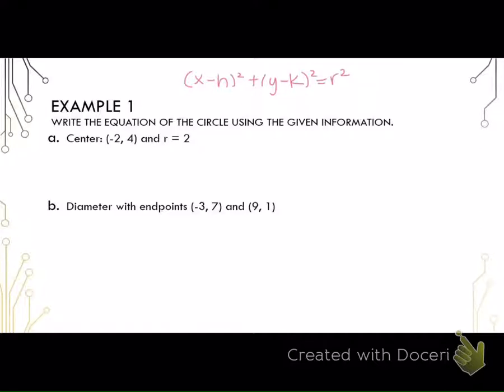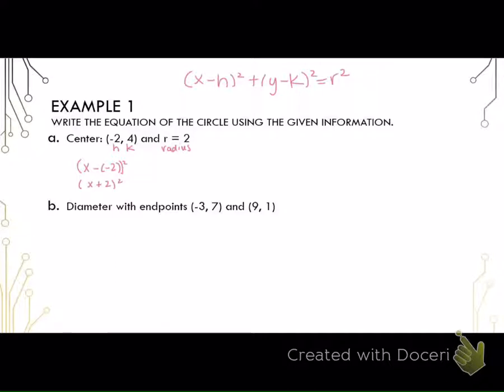So you'll notice here, our center is at (h, k), and we have a radius here of 2. So when we go to put it in our circle, I said that it's opposite h, opposite k, right? So let's see why that's the case. If I do x minus a negative 2 squared, what happens with the negative 2? Minus a negative becomes a positive.